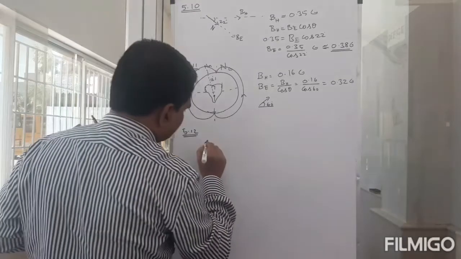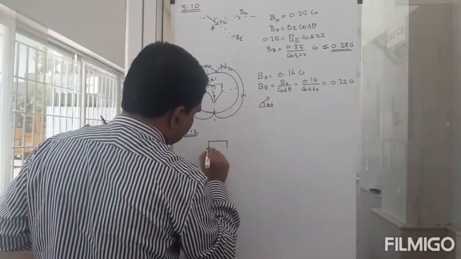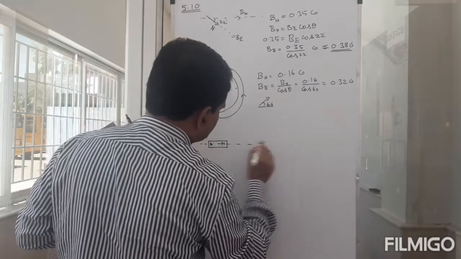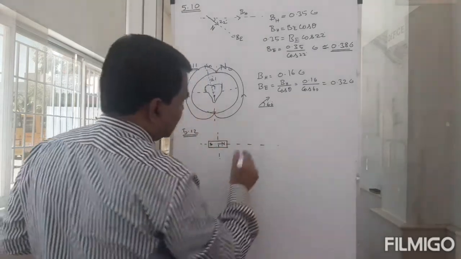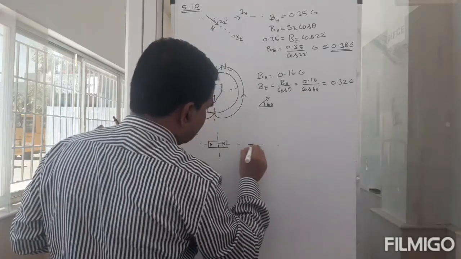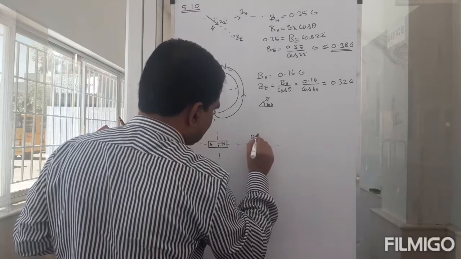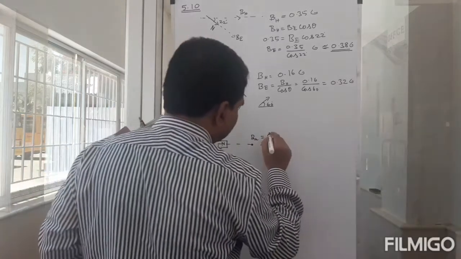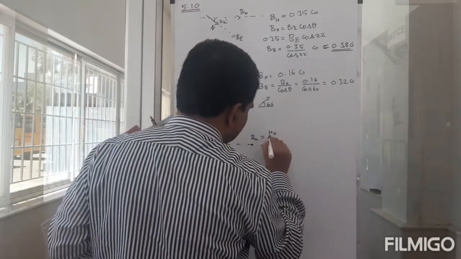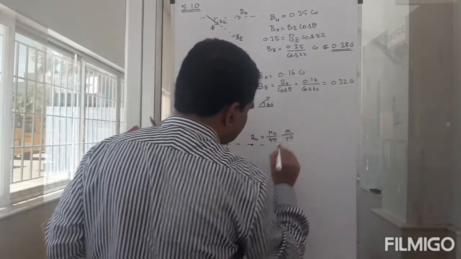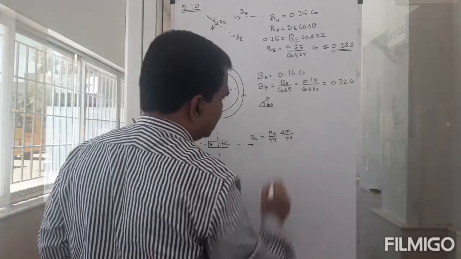We know this, like if you have a short bar magnet, this is north and this is south, and this is the center, then B on the axial line is given by this formula: mu naught by 4 pi into 2m by r cube.